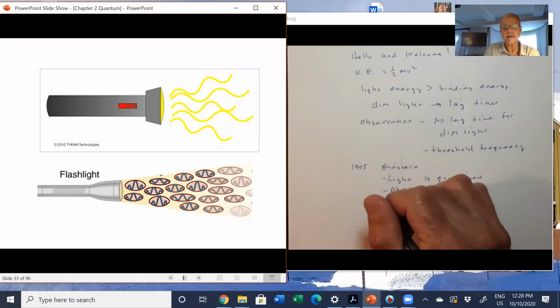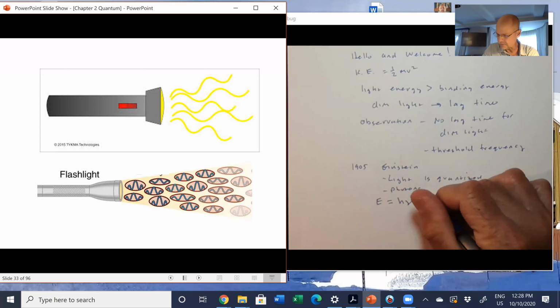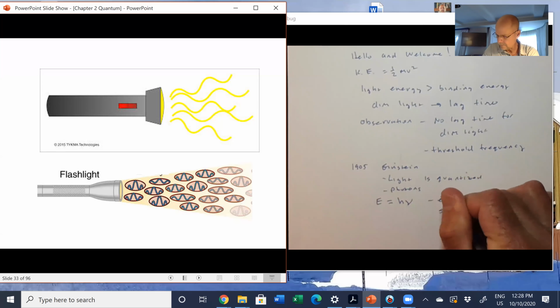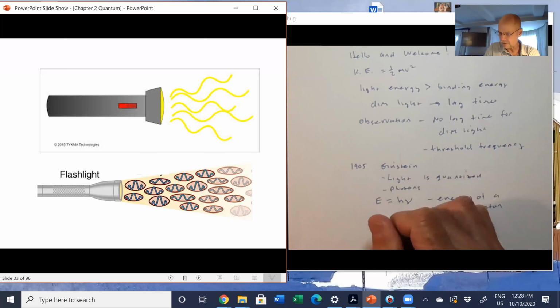Einstein's equation that explained quantization was E is equal to h nu. This is the energy of a single photon. And if we plug in the equation nu is equal to c over lambda, we get E is equal to h c over lambda, right?